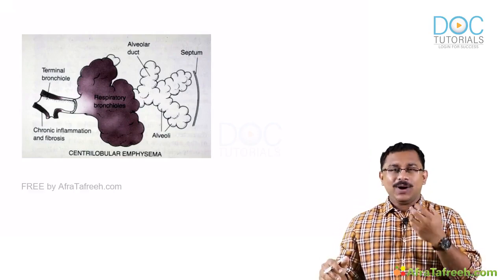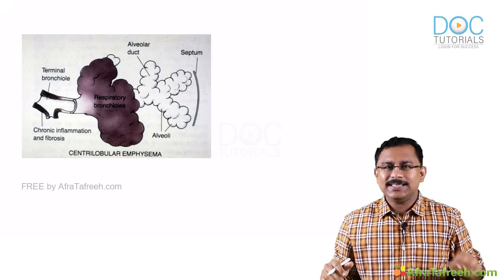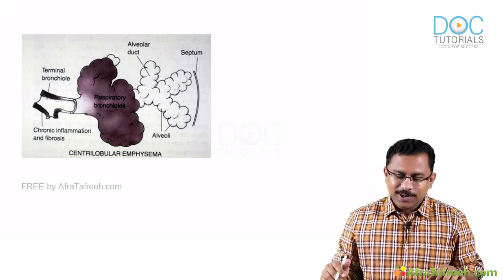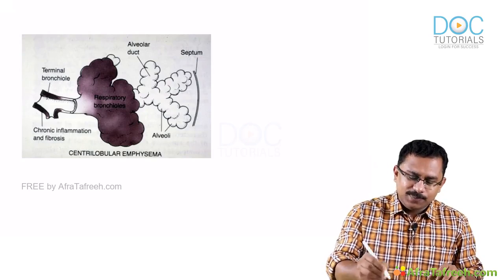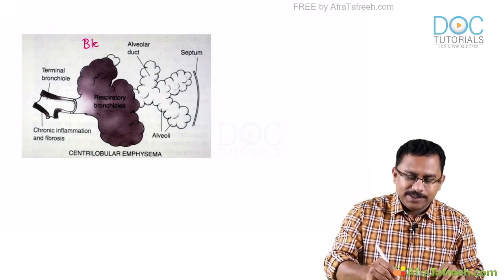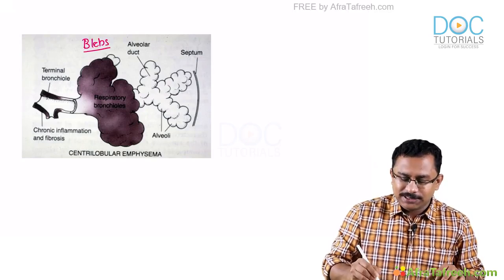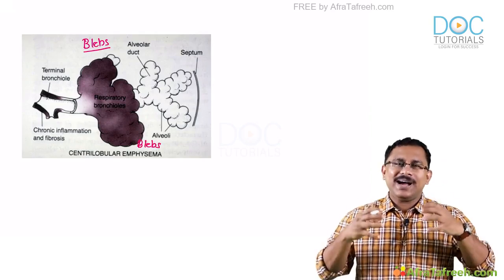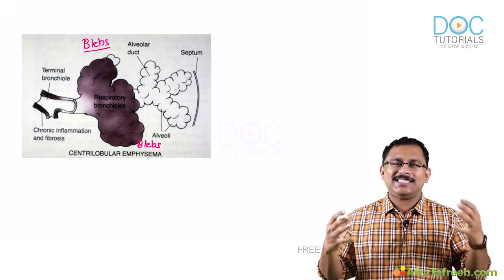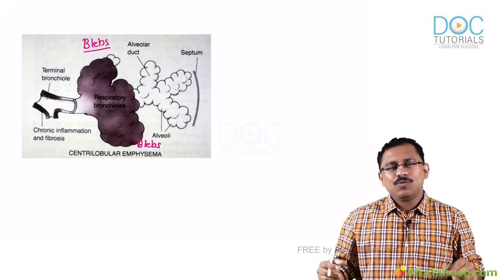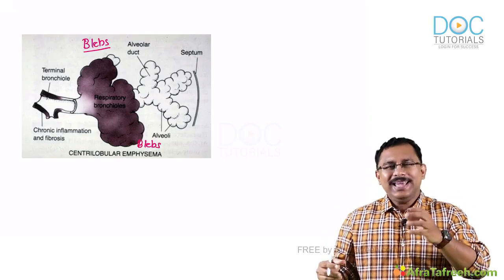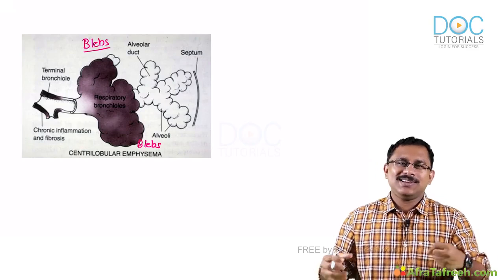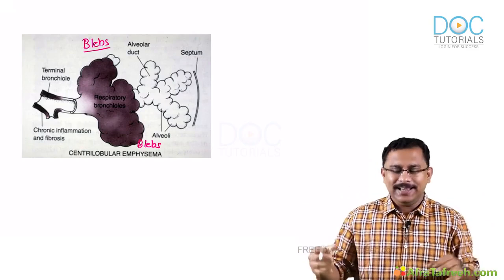So we are trying to understand the gas exchange abnormalities. Now let's see what happens here. I've already explained to you there is formation of various blebs in the respiratory bronchiole, and whenever you have the blebs in the respiratory bronchiole, all this air will get collected.